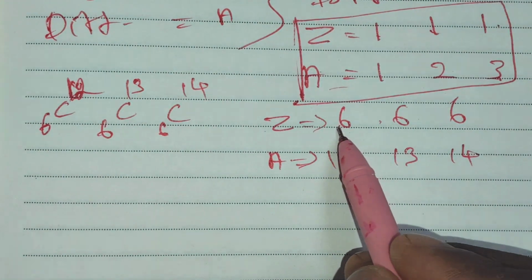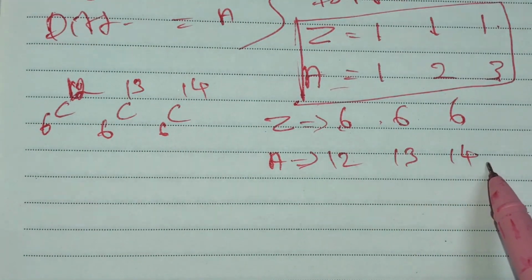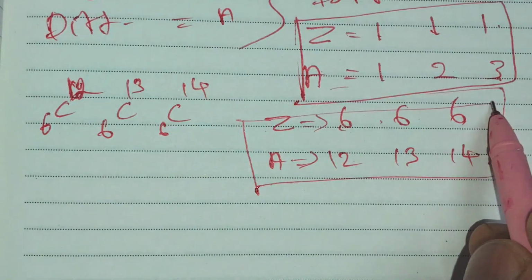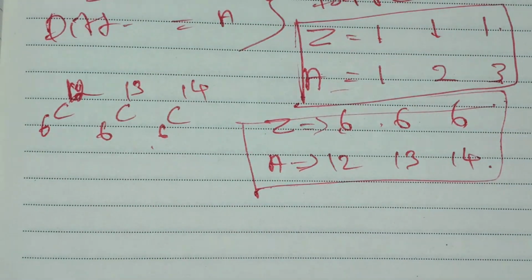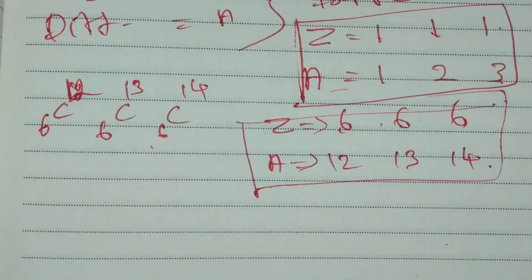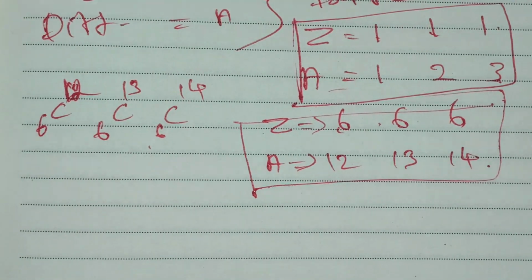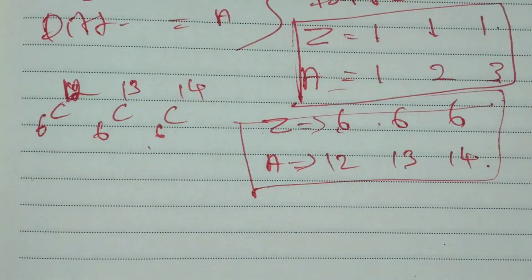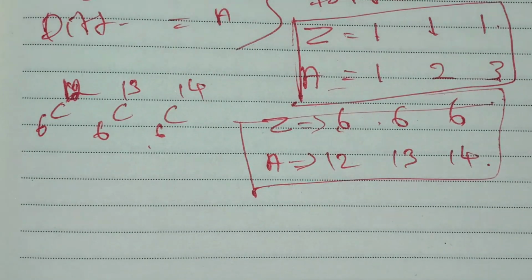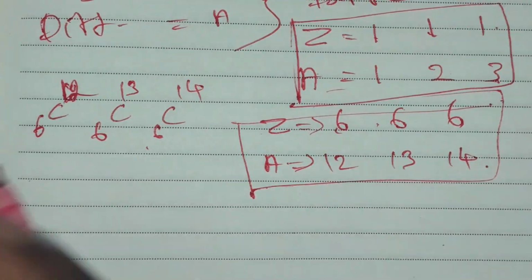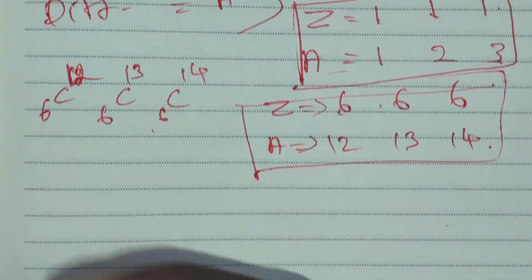So the atomic number does not change, only the mass number changes. That's why these are isotopes. So there is a very simple way to find out whether species are isotopes or not: if the given species have the same atomic number, the same element, but a different mass number, that is called isotopes.